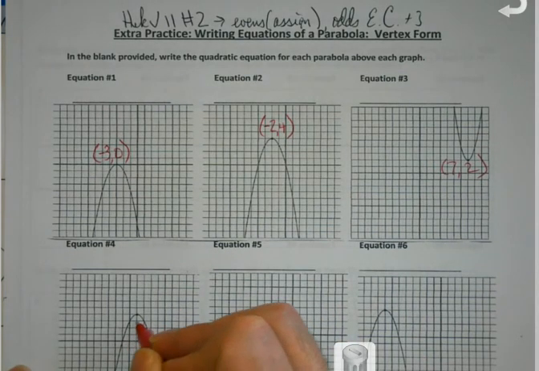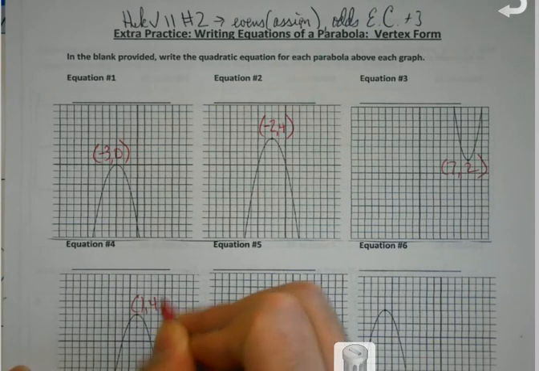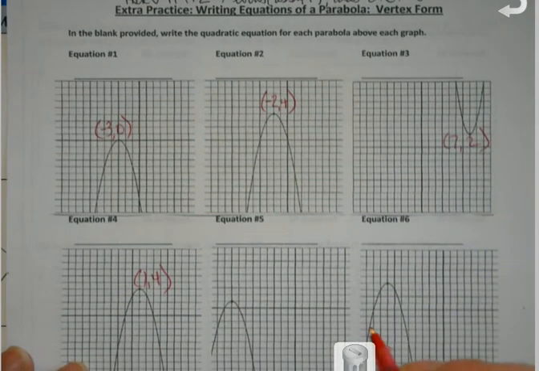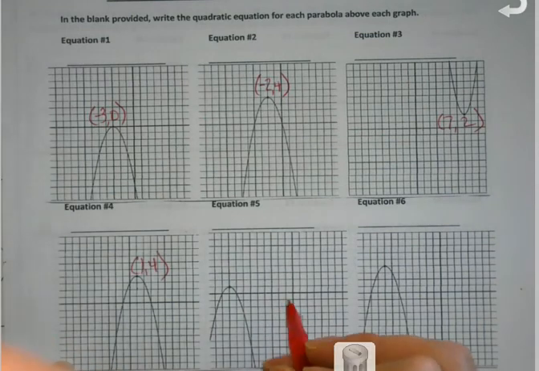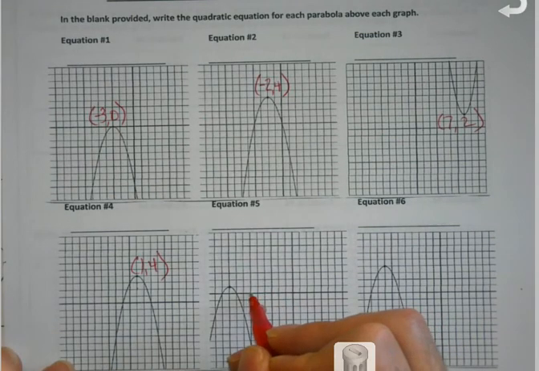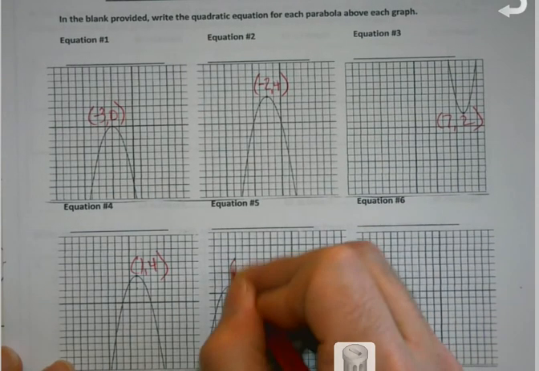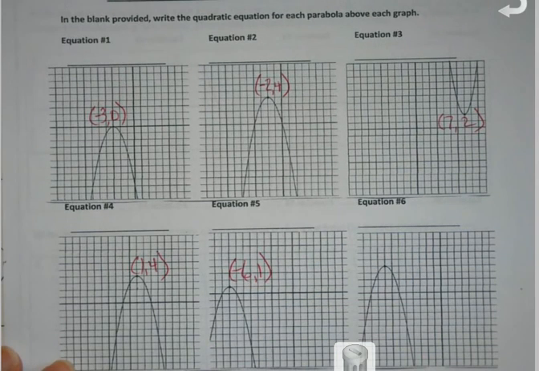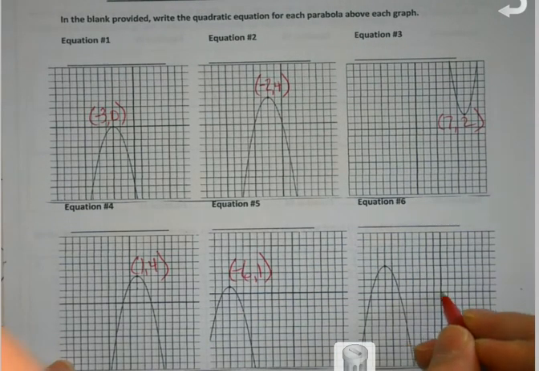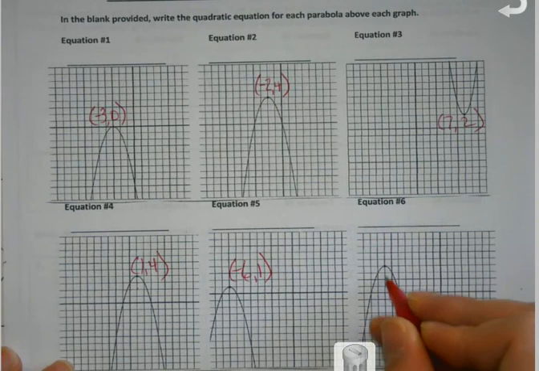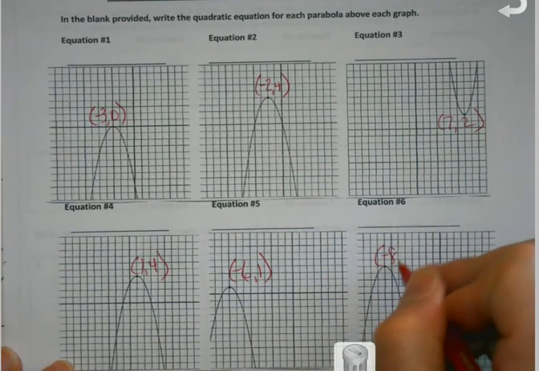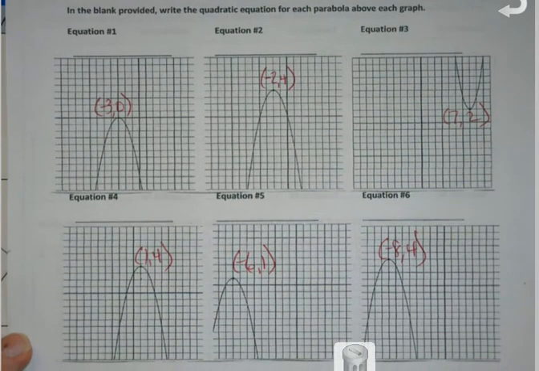1, 1, 4. Not sure where my axis is at. There it is. -6, 1. -8, 4.